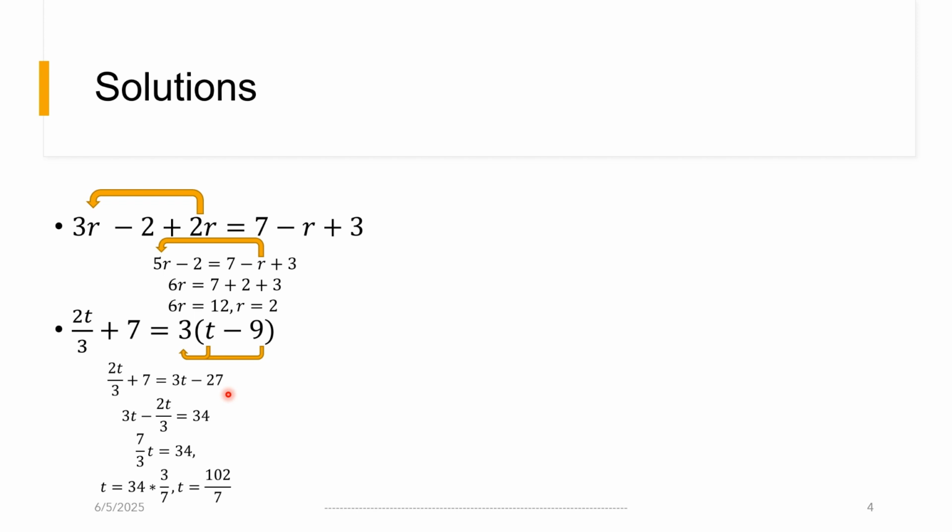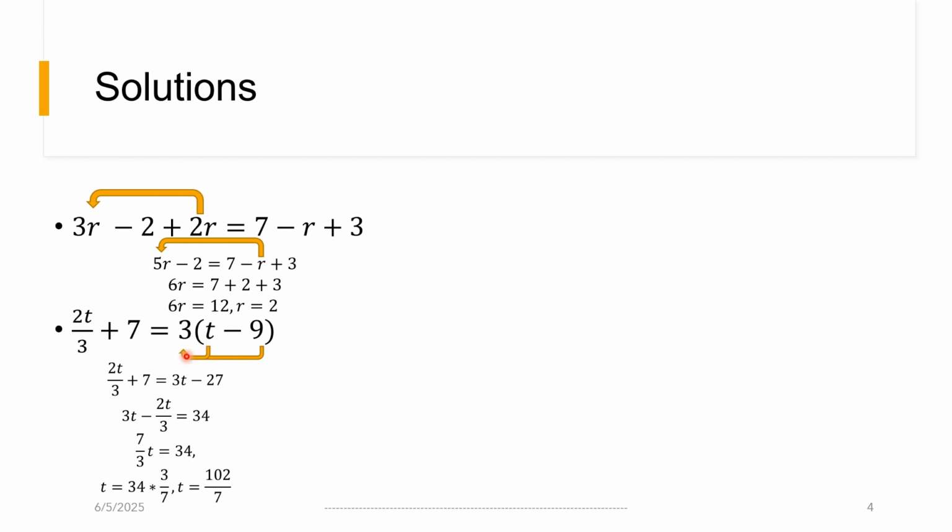For the second problem, we use some distributive property. As you can see, we have 3 times t minus 9. We distribute the 3 over the terms and get 3t minus 27.